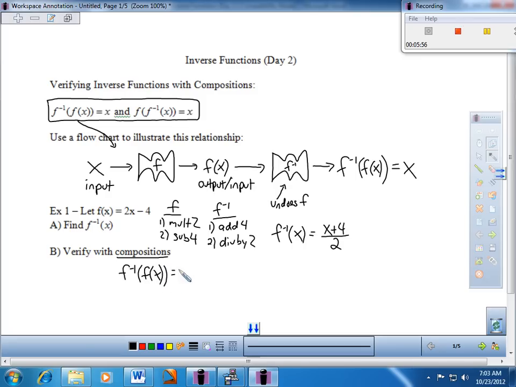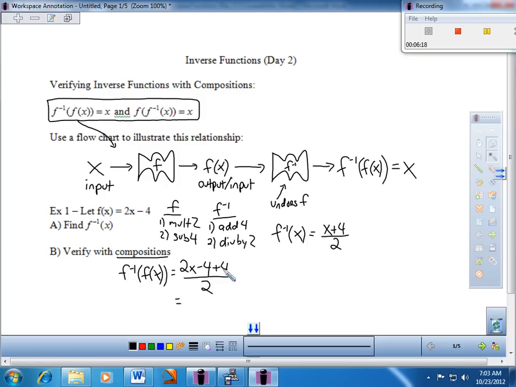and that would be taking f of x, which is this, right here, and that replaces the input of the inverse. So I think everybody would hopefully see it as 2x minus 4 plus the 4 and divide by 2. And I think you can kind of see how this is going to play out here. If it's okay with you, I'm going to skip half a step.